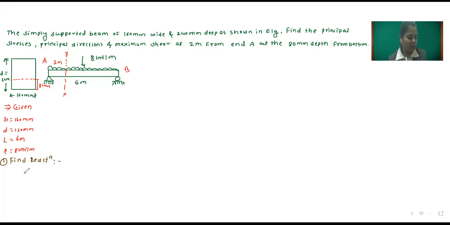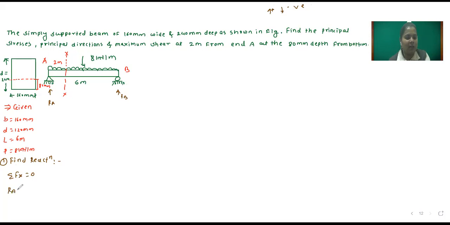So how to find out? Summation Fy, which is equal to 0. Here suppose this is RA and this is RB. Whenever we apply the summation Fy equation, we take vertical forces upward as positive and downward forces as negative. So RA and RB are going upward.